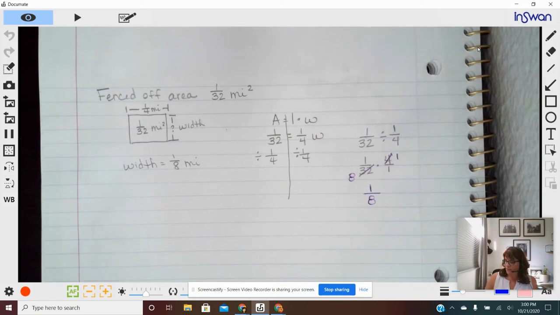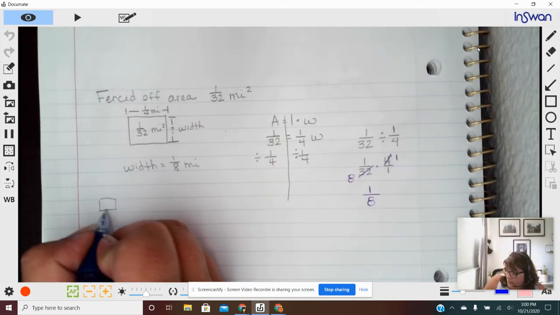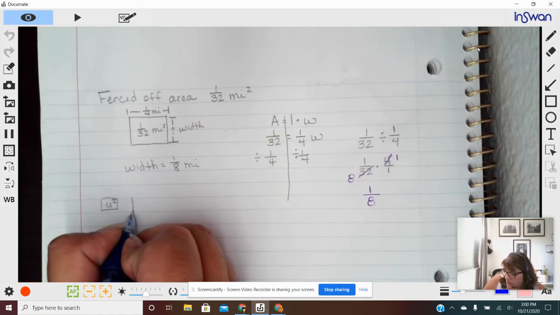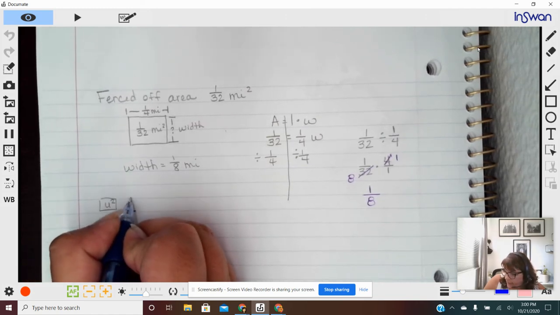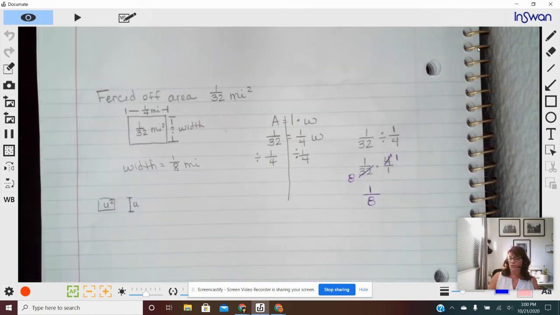Now, little side conversation here. When we're doing area, this is a unit squared. If it's just the line, that's just the unit. So a wall would be measured as maybe 6 feet long, but a room might be 36 square feet.